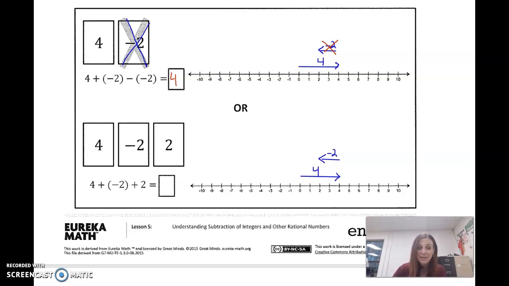And now I'm going to add a positive 2 on. So now I'm at 2, and I'm going to go 2 units to the right. And guess where I end up? At 4. So whether you think of it as removing a negative 2 or adding a 2, we end up in the same spot.